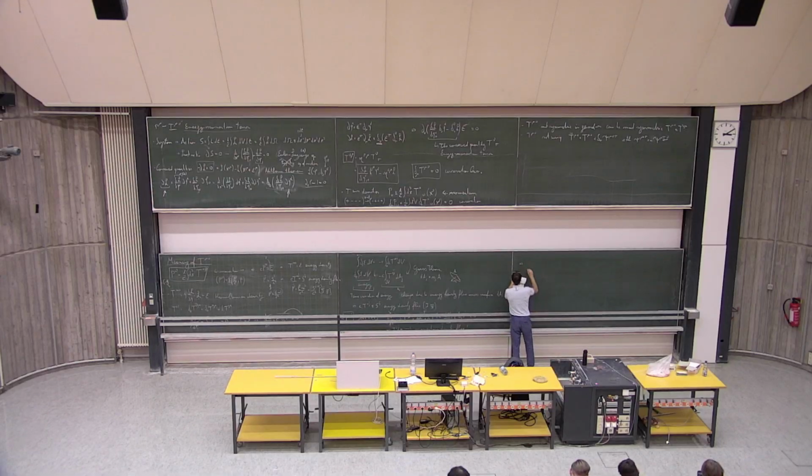As a summary, we have that the components of T mu nu of our energy momentum tensor are the energy density. Then we have the energy momentum density with the energy density flux given by S_x over c, S_y over c, and S_z over c.